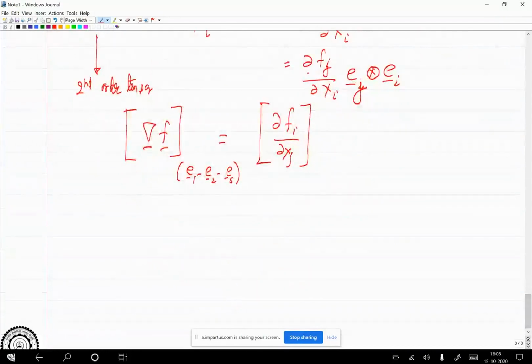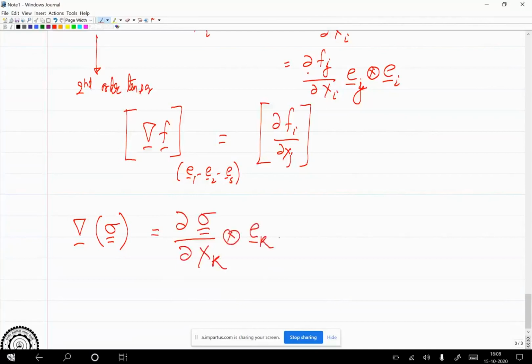Likewise, you can do the gradient of a second order tensor also. For example, you can think of the gradient of sigma, where sigma is the Cauchy stress tensor. I think all of you know about Cauchy stress, and you also know that it's a second order tensor. So if we take its gradient, what will it be? That's simply del sigma over del xk, tensor product ek.